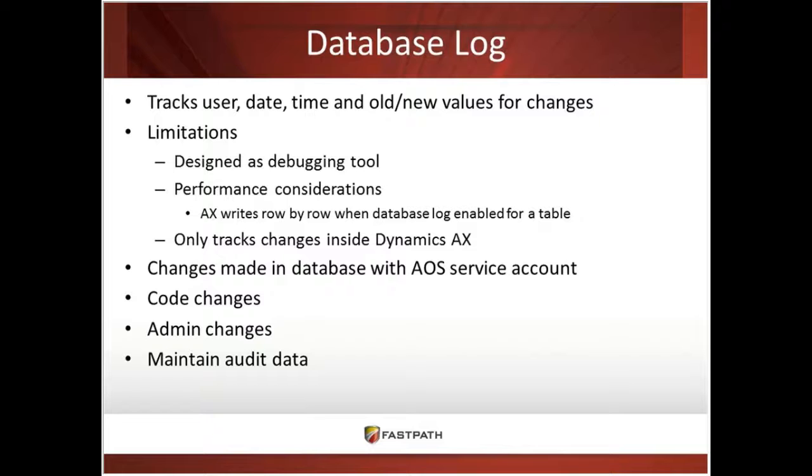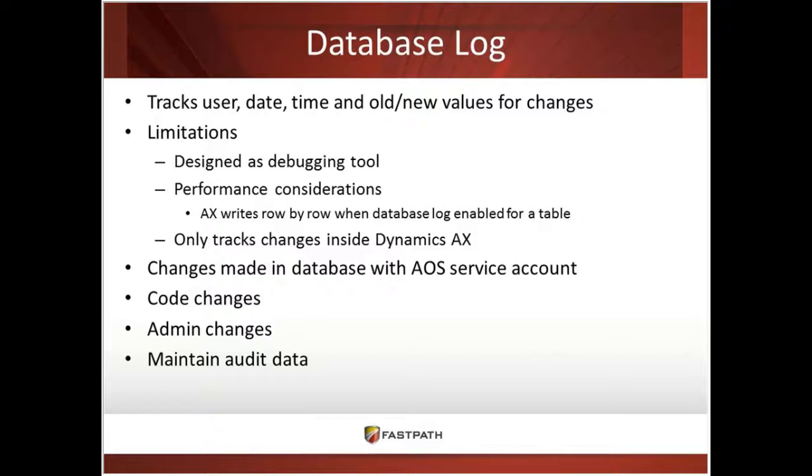Another area would be code changes. Depending on if you're on AX 2009 or 2012, the way you would implement code change tracking would be different. In AX 2009, we had a file-based system. In 2012, we have the model database. And it will be different again when we go to AX7 or Dynamics 365 for Operations. I actually think I got that right.